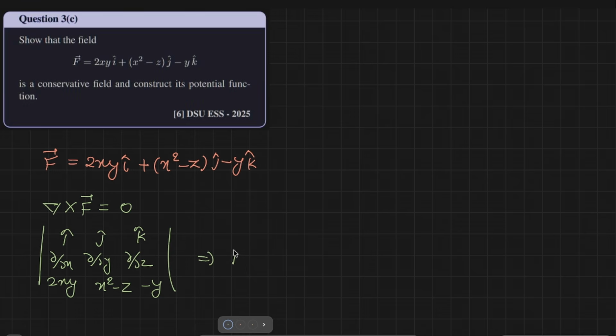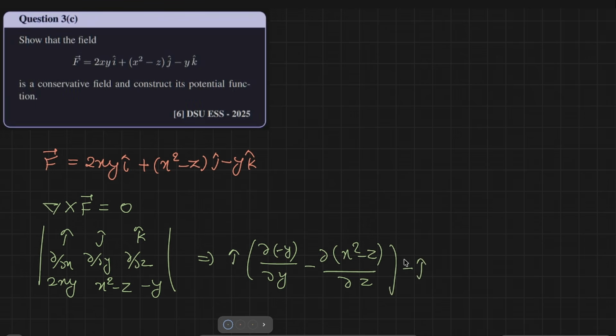When you solve this, the coefficient of i will be the partial derivative of minus y with respect to y minus the partial derivative of x square minus z with respect to z, then minus of j.